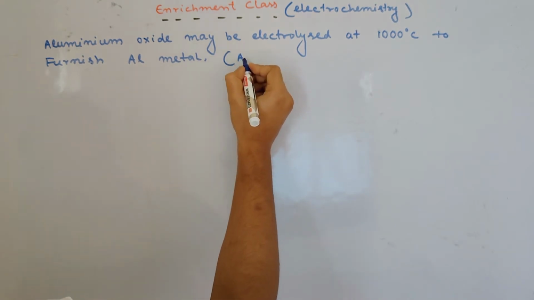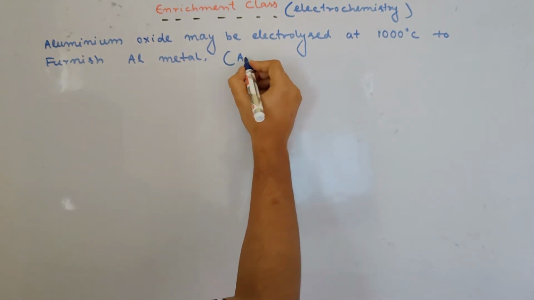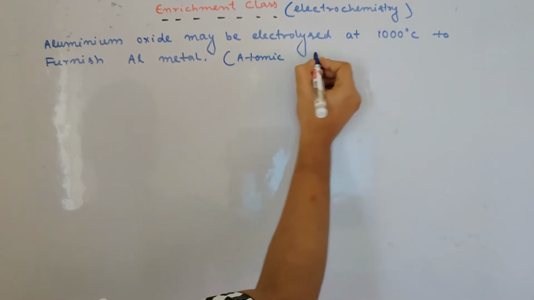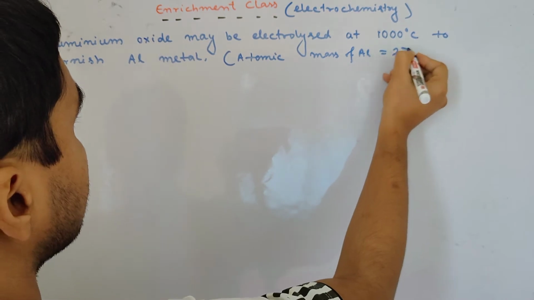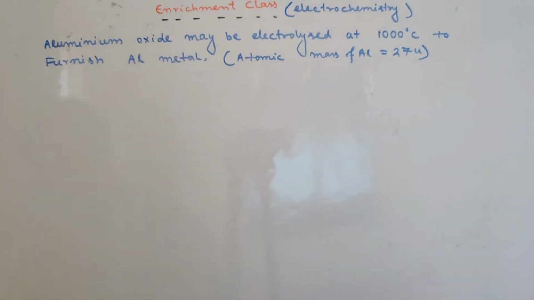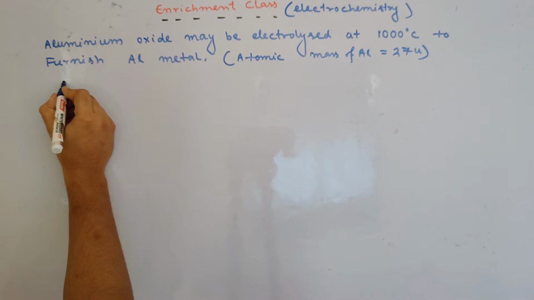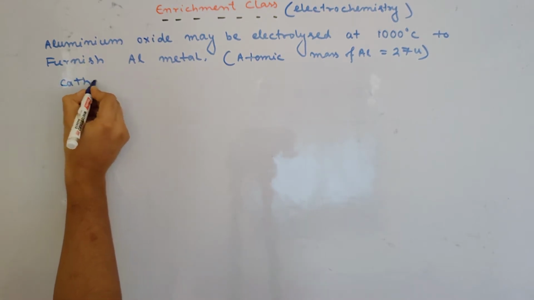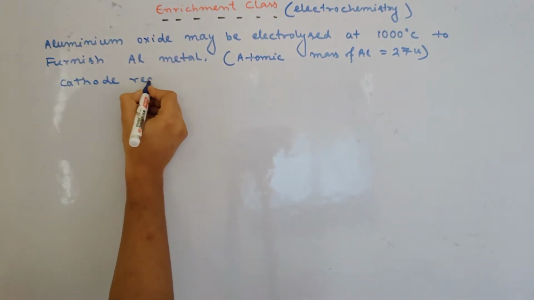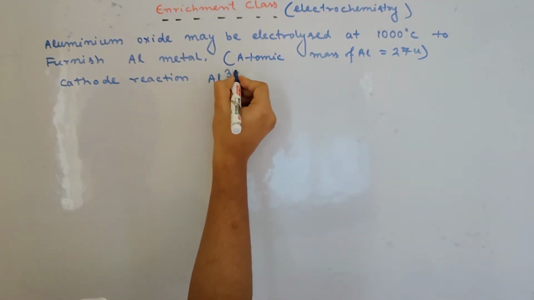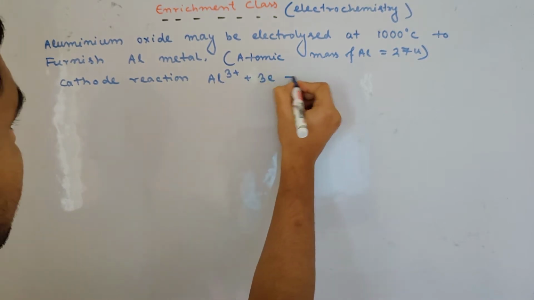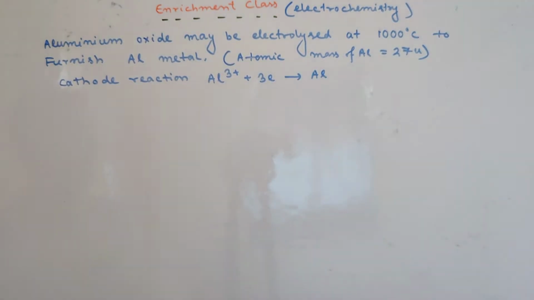Given is the atomic mass of aluminium, 27 U. We know what U is. And the cathode reaction is also given. The cathode reaction is given as Al3+ plus 3 electrons, giving rise to aluminium.